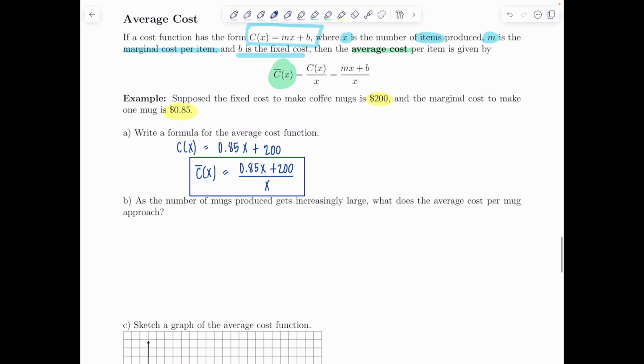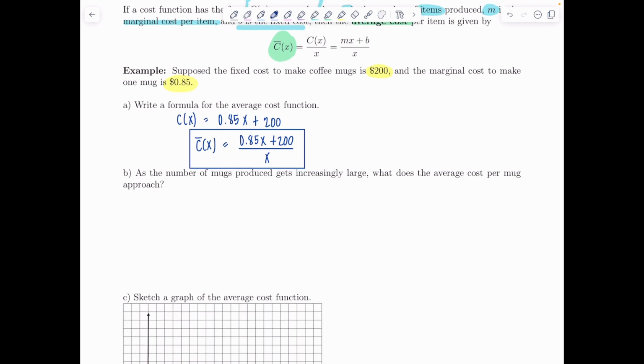As the number of mugs produced gets increasingly large, what does the average cost per mug approach? So we haven't officially learned limits yet. I'm just going to answer this question intuitively with you guys, okay? So now let's simplify our cost function. I'm going to split each of the terms in the numerator over the denominator separately. So I'm going to write 0.85x over x plus 200 over x.